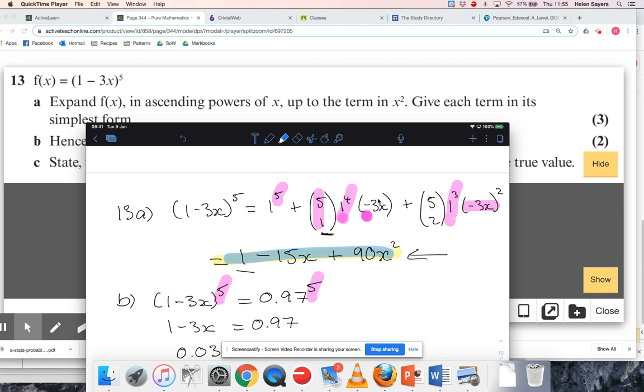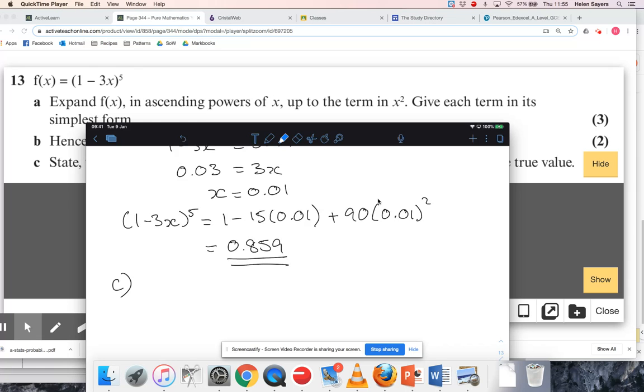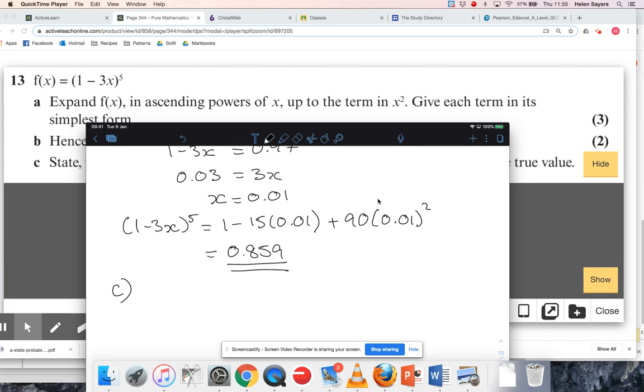So what would happen if we did carry on? We've got the 1 minus 15x plus 90x squared. My next term would be minus something x cubed, then plus something x to the 4, then minus something x to the 5.